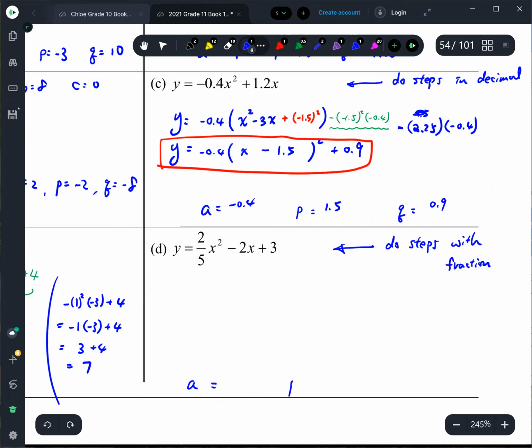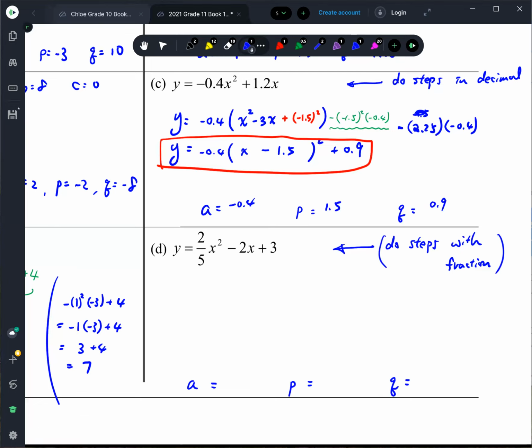All three numbers, A, P, Q, are fractions. So work with fractions, okay? Refresh your memory on how to divide, add and subtract fractions. Please raise your hand when you finish D.